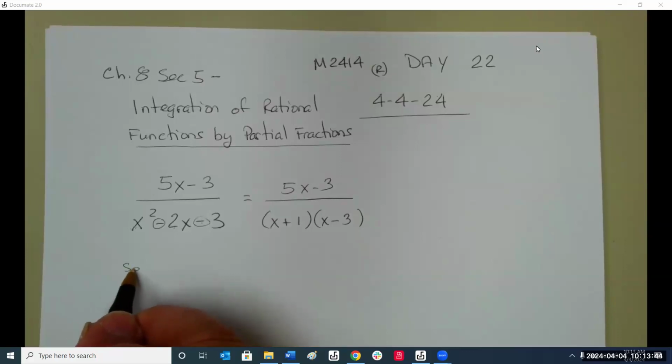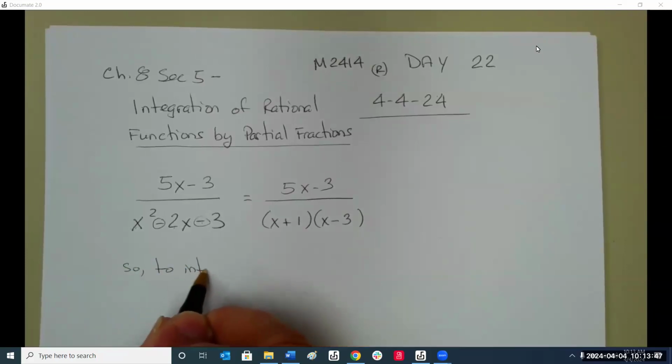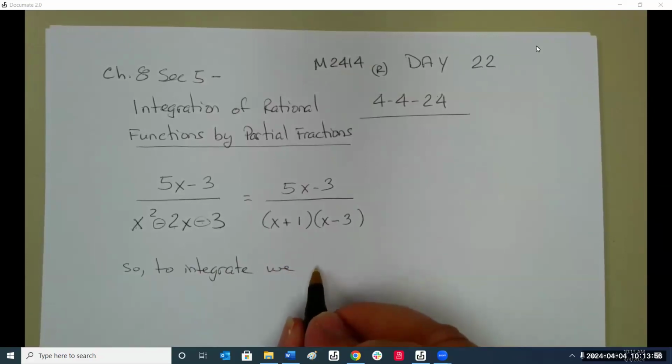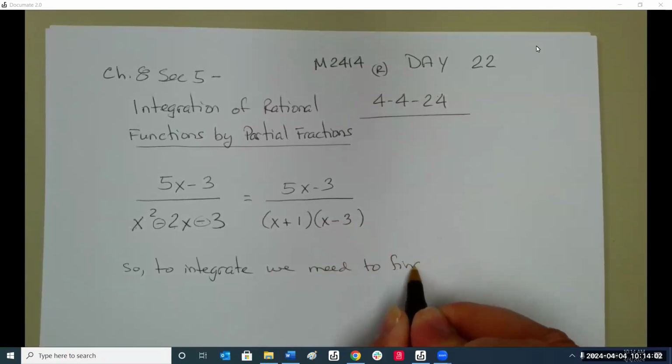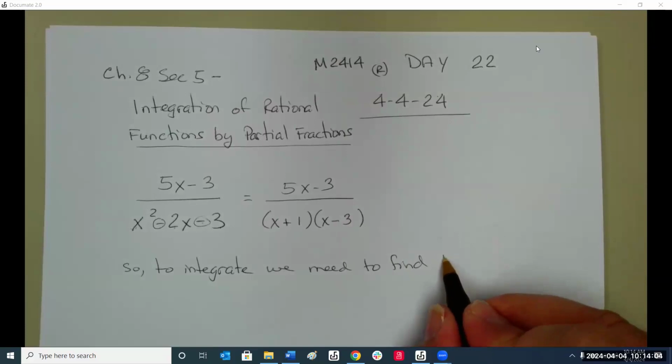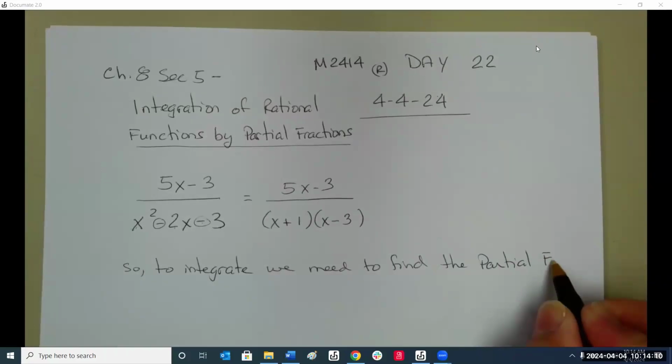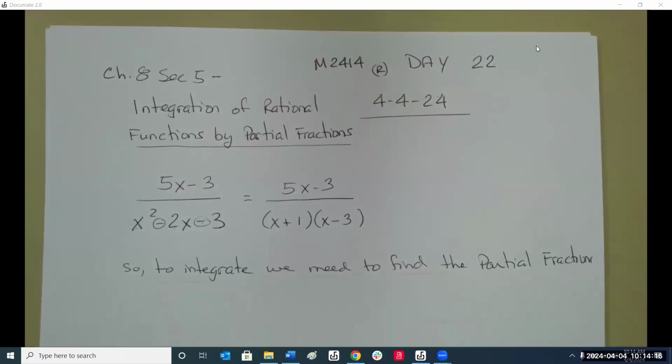So to integrate, we need to find the partial fractions. The partial fractions means we're going to recreate the numerators in terms of the denominator and the numerator, the coefficients.